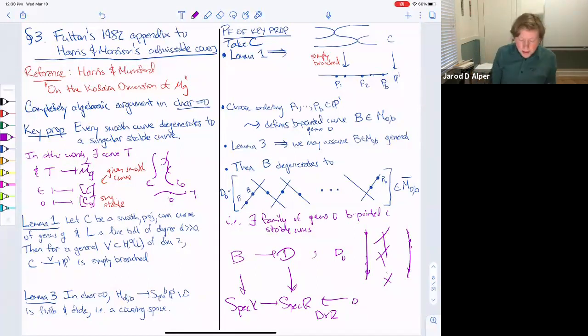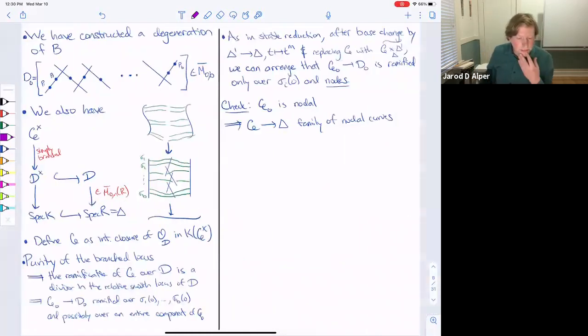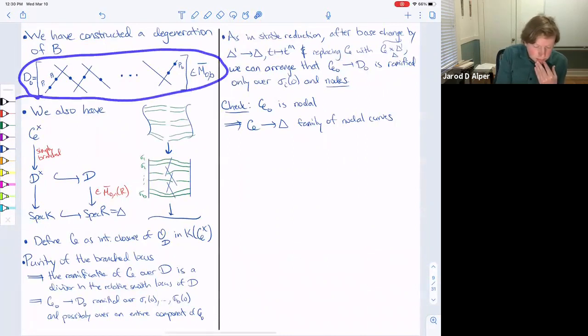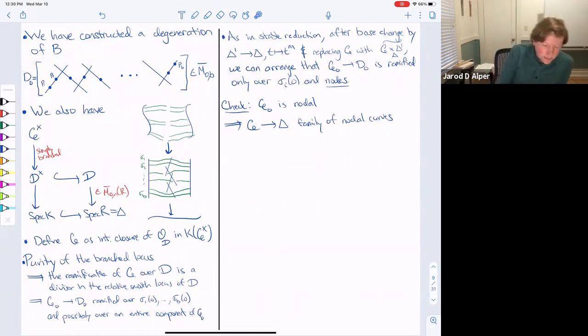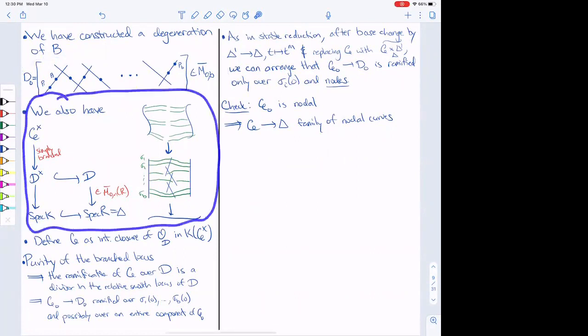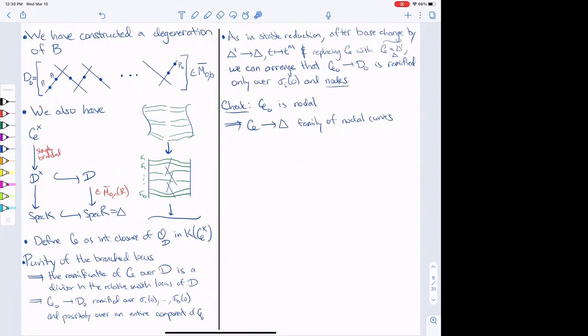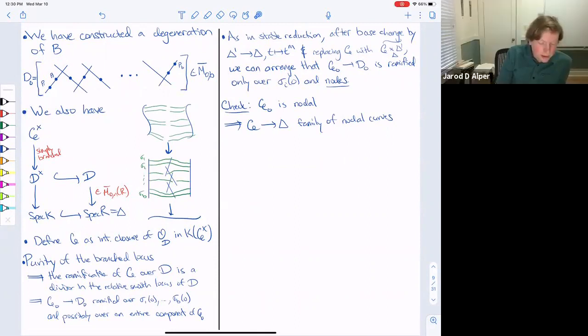Okay, so to summarize this picture, moving on to the next slide, we have constructed a degeneration. This is just to remind you where we were. We have a simply branched cover. We had deformed our original curve so that the branch points were general. C star is a smooth curve, and D star is what I was calling capital B earlier.